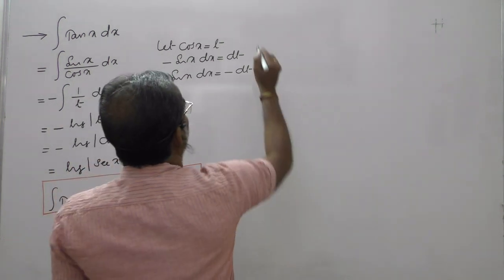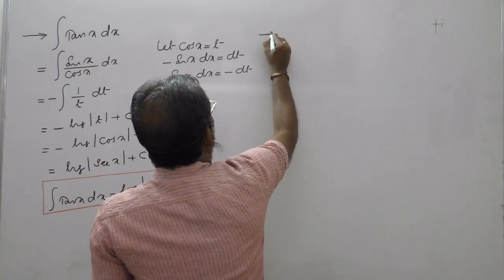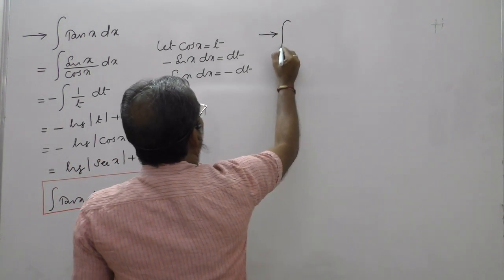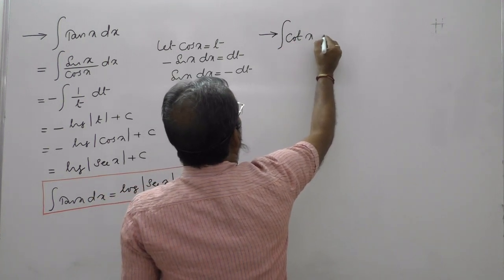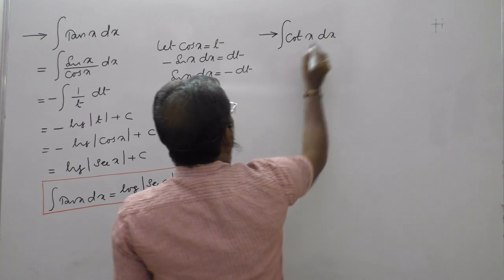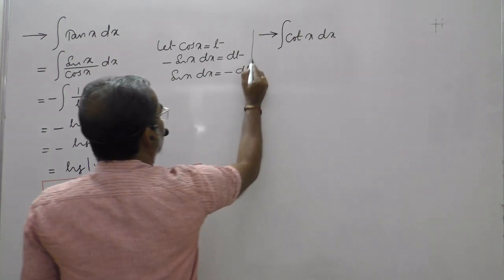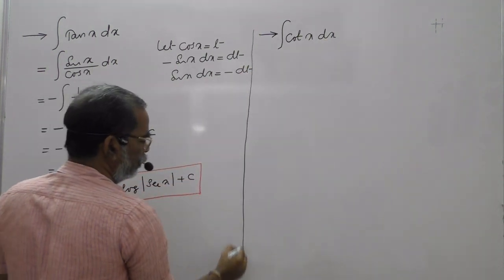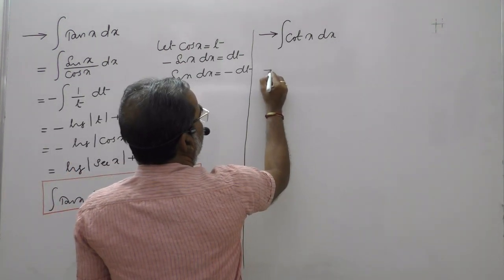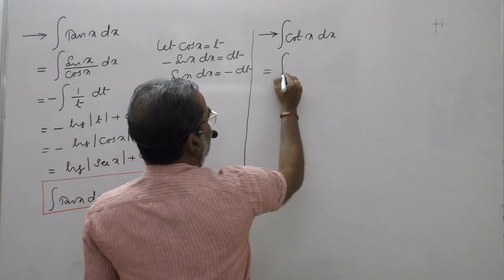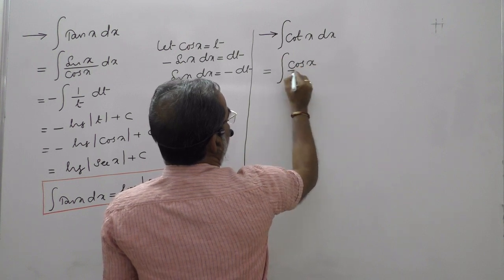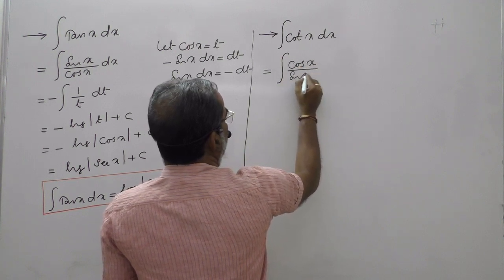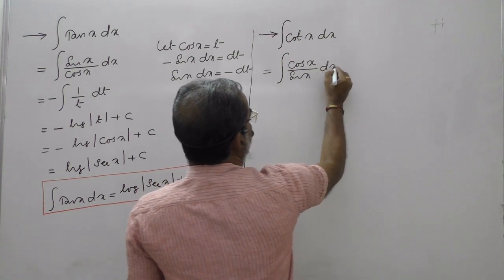Next we will see the integral of cot x. We did not find it in the basics. How to find the integral of cot x dx? This integral is the integral of cos x by sin x into dx.